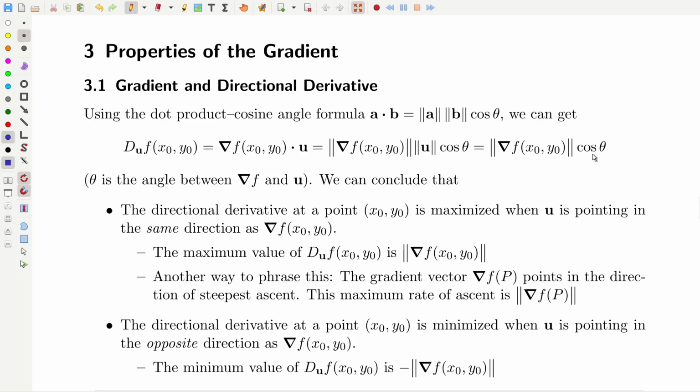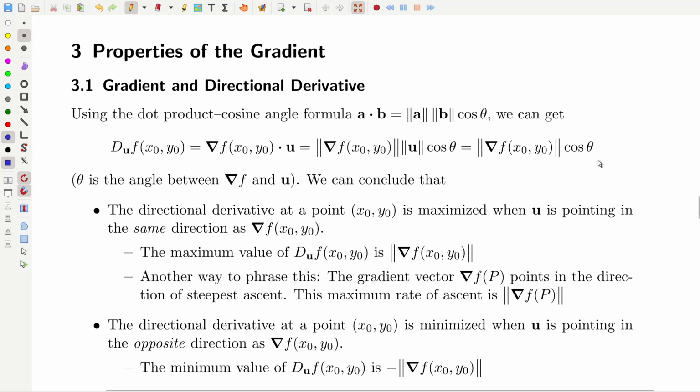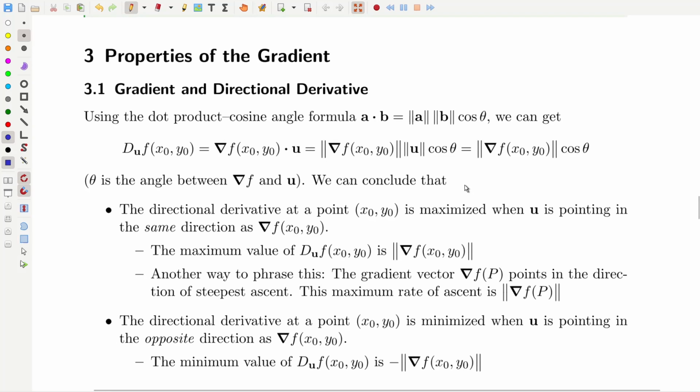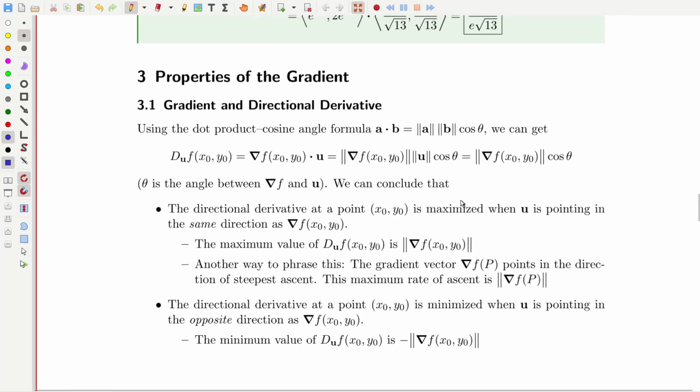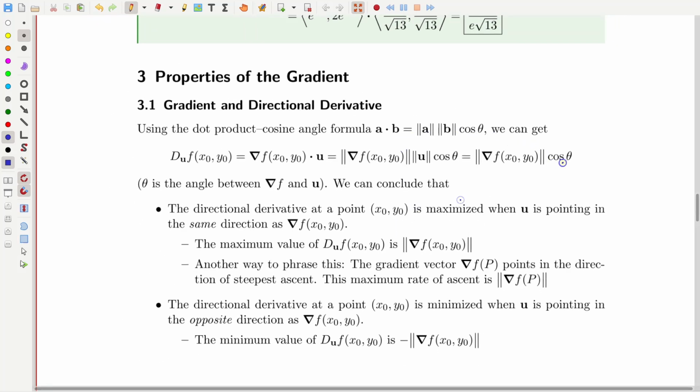And what's important about that is we can think of cosine as dampening this value.